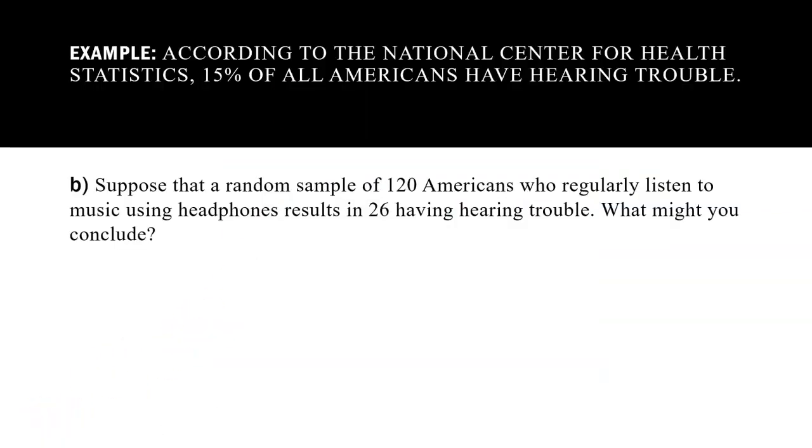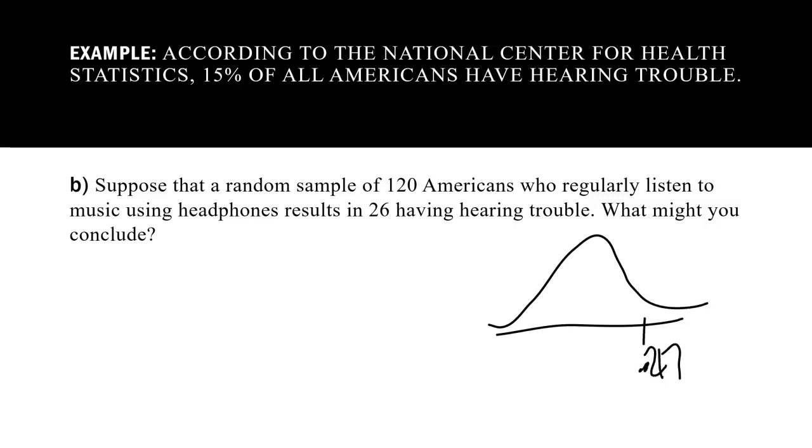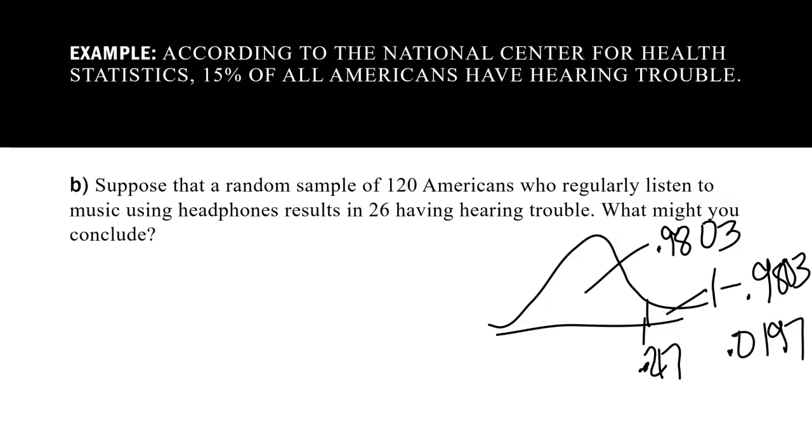So now let me resketch that out for you. All right, so 0.217 was here, and it gave us this area, which is 0.9803, and we want this area. So that's going to be 1 minus 0.9803. And so if you subtract that, 1 minus 0.9803, you get 0.0197.